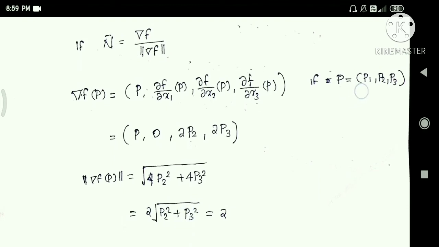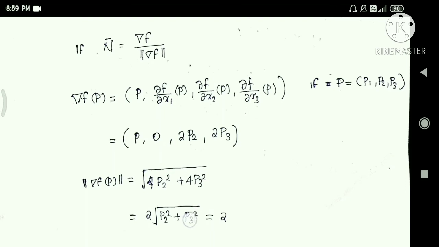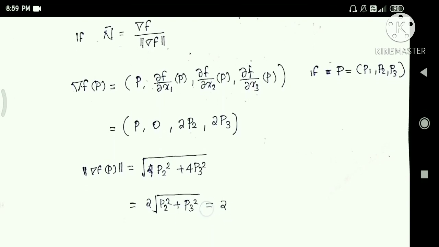Since p belongs to S, p2^2 + p3^2 equals 1. Hence, it is equal to 2.